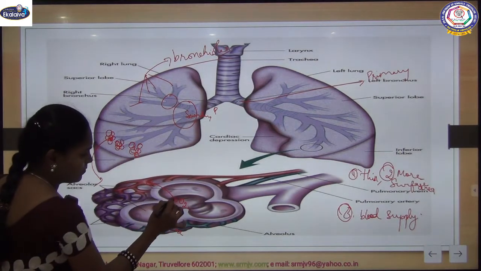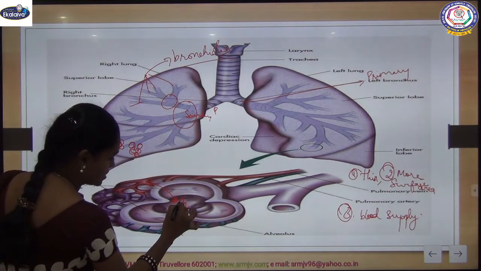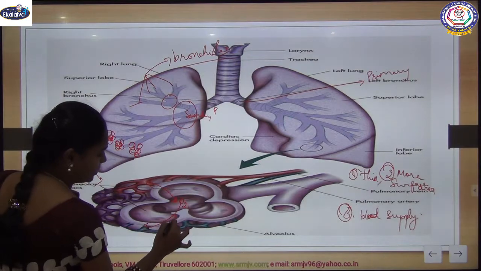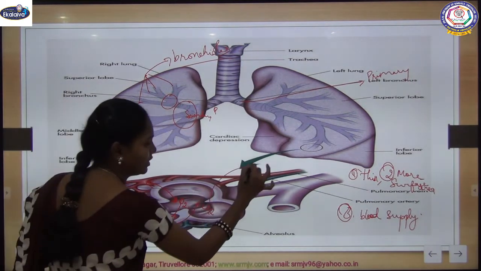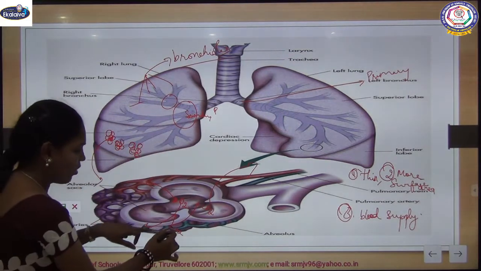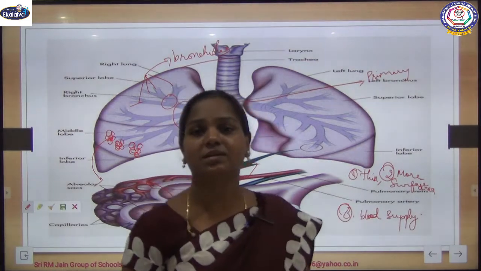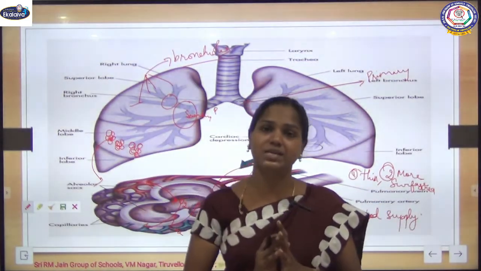So oxygen diffuses from the alveolar sac to the blood, and carbon dioxide is released from the blood into the alveolar sac, which we will exhale, so that the deoxygenated blood becomes oxygenated. We will see this gaseous exchange in the next processes of respiration.